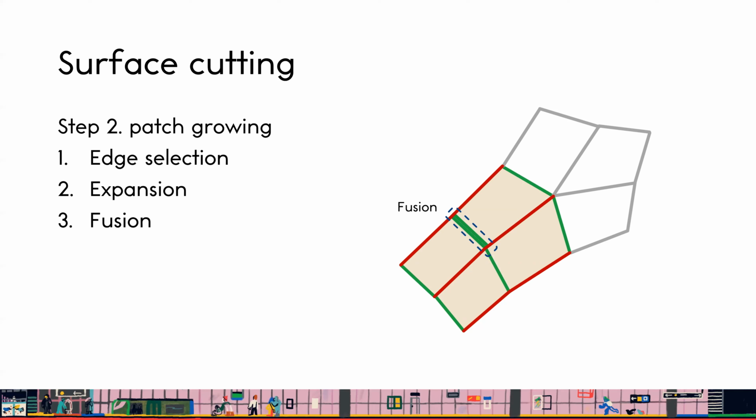Then we can do the fusion to merge them together. Then we keep going with edge selection. Good. Until we reach here, where we have one edge whose two sides are different types. Then we cannot handle that because it is not machine knittable, so our solution is to just cut them.